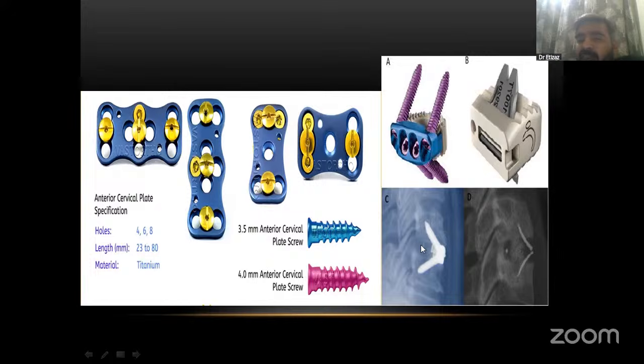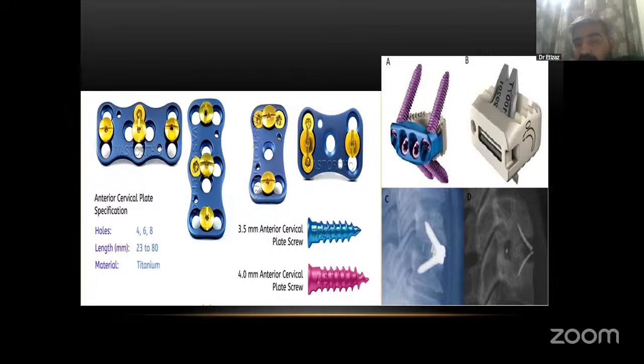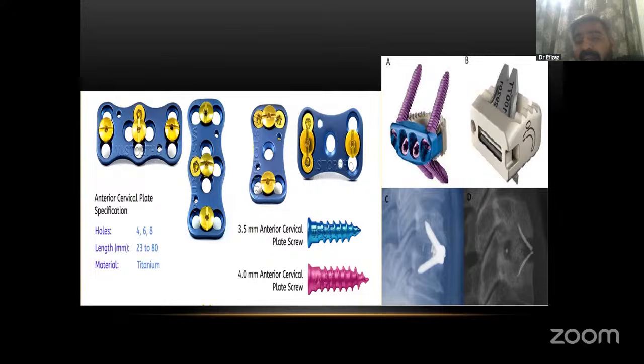Why do we use it? Why do we call it zero profile? What is the importance? The advantage of this one is that there is no plate in front of it, so there is less chance or no chance of dysphagia or odynophagia. That's why we call it zero profile.